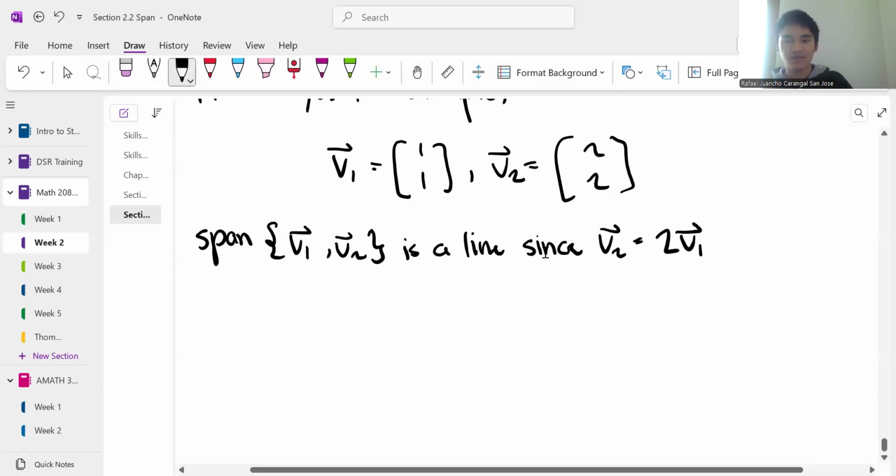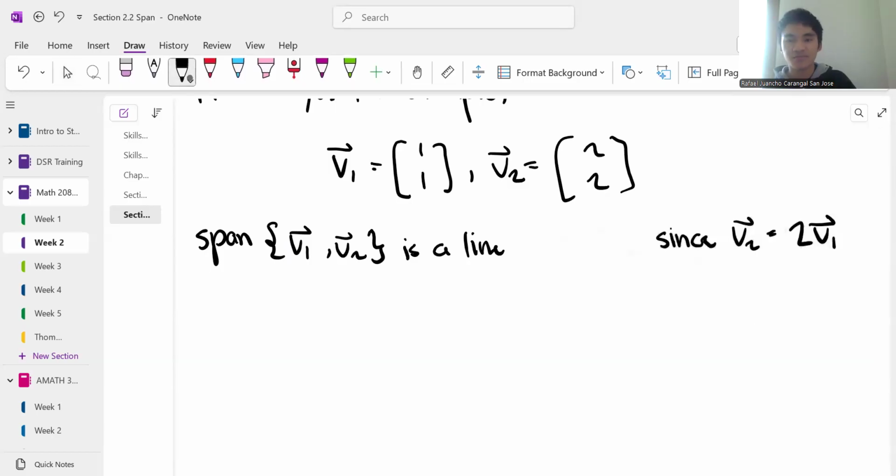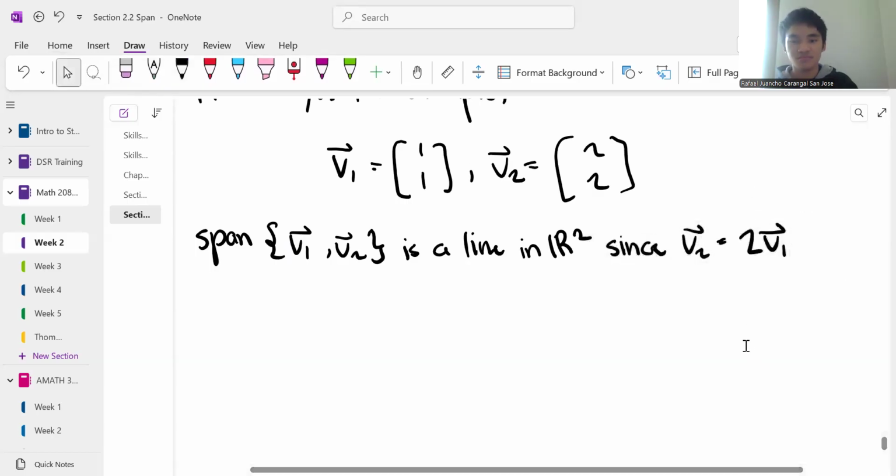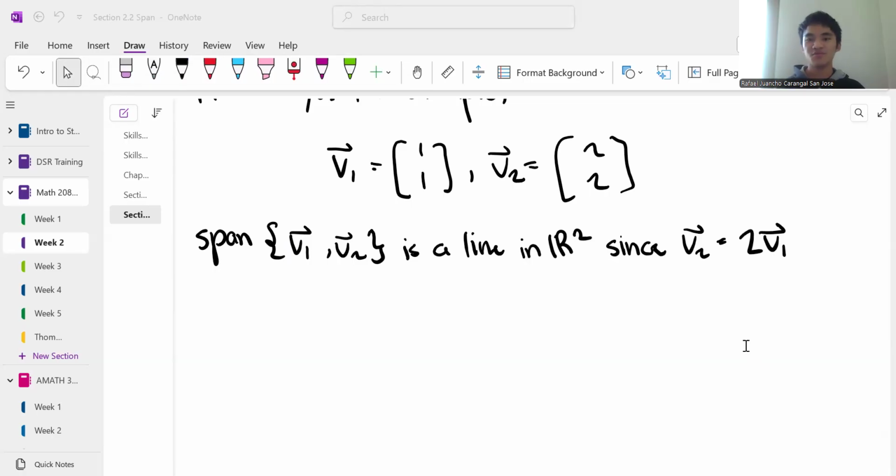So this is the span of this thing. It's a shape, yeah, but it's a line. To be more mathematically precise, it's a line in R2, right? So from there, the span of v sub 1 and v sub 2 is not all of R2, right?